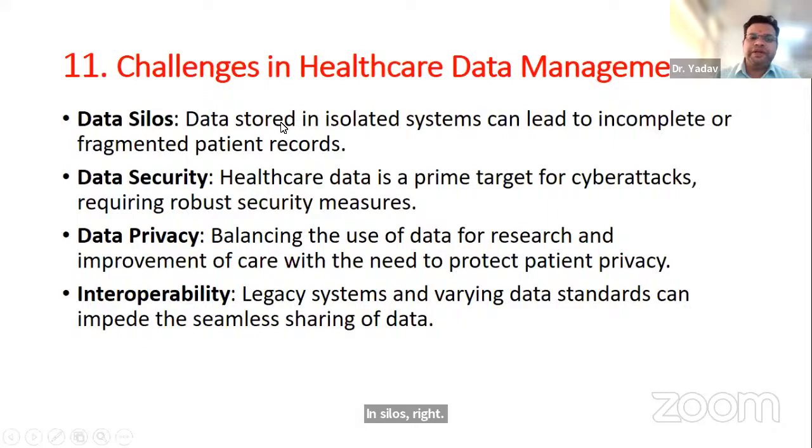So data stored in isolated systems can lead to incomplete or fragmented patient records. Then we have data security.